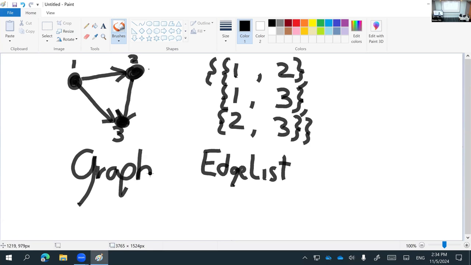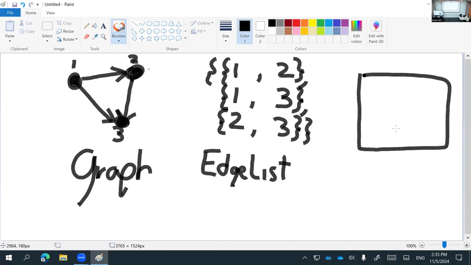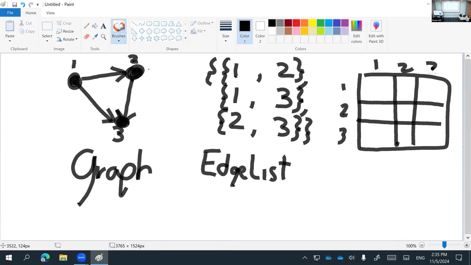Now, instead of doing this, I'm going to propose that you do a matrix instead. I have a 3 by 3. So now it's 1, 2, 3, and 1, 2, 3.